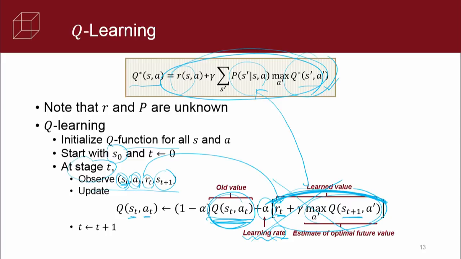On the other hand, if we set alpha to be 1, the newly discovered information is the only thing important for the agent to learn. According to this update scheme, for each state and action pair with positive feedback, the corresponding Q value will be increased. For pairs with negative feedback, the Q value will be decreased. So that is the basic idea of Q learning.